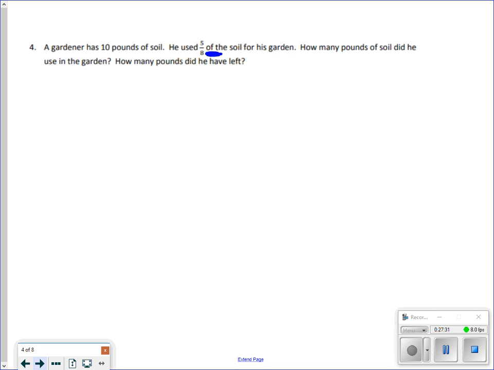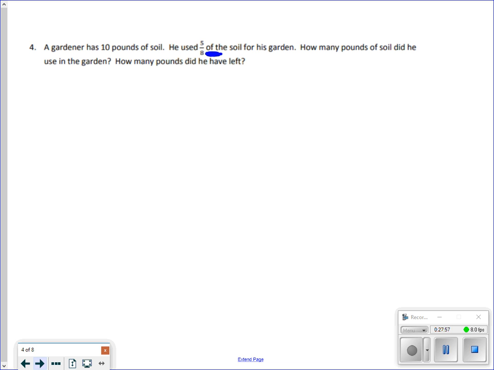How many pounds of the soil did he use in the garden? How many pounds did he have left? There are 2 question marks, so there are 2 questions, so you should have 2 answers.